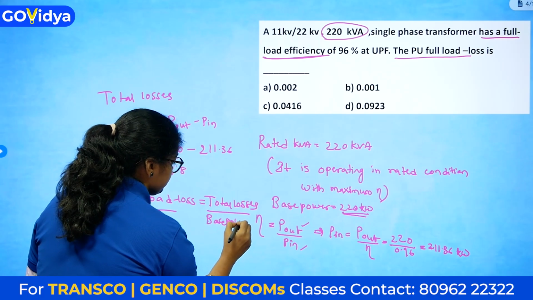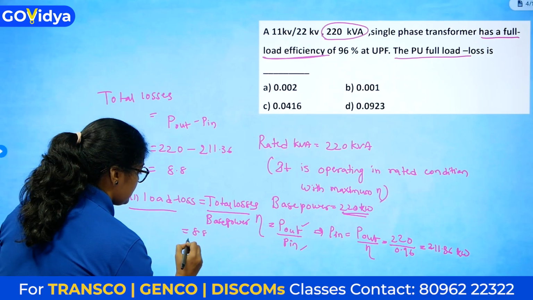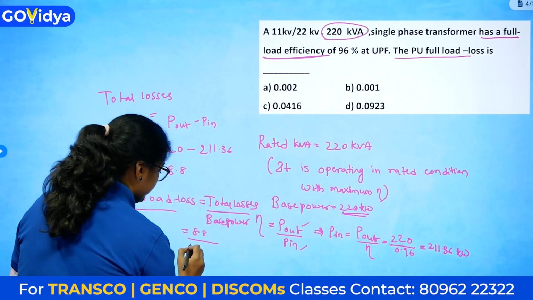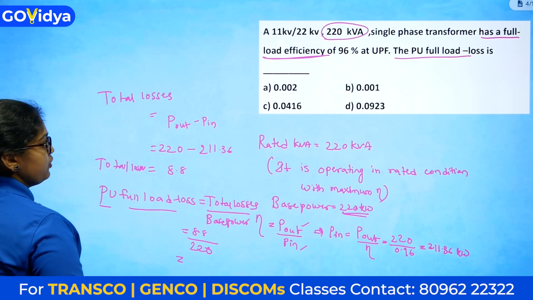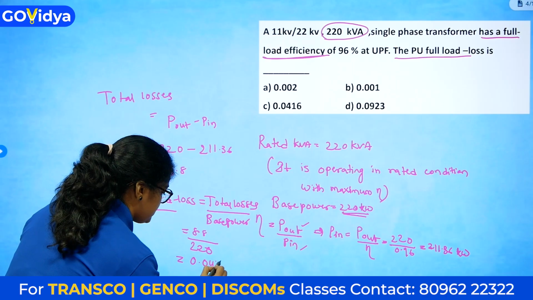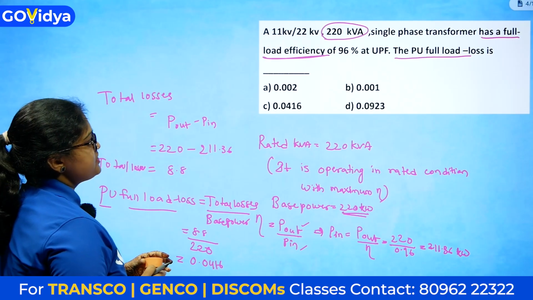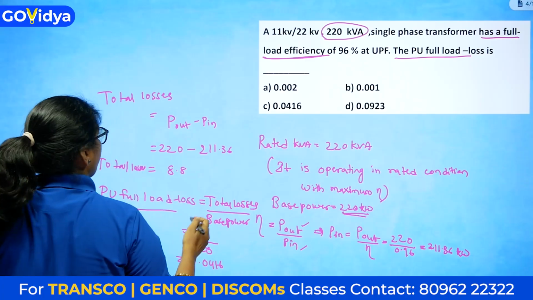The total losses we got is 8.8. The base power is 220. So when we solve, we will get around 0.04. So option C matches, 0.0416.